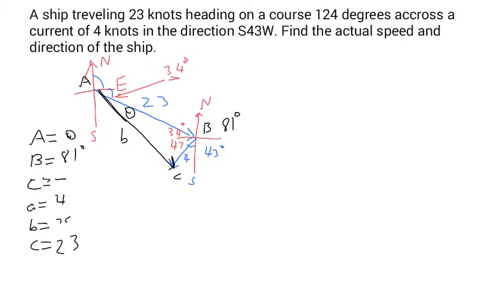So we have b squared equals a squared plus c squared minus 2ac cos B. Put our information in.